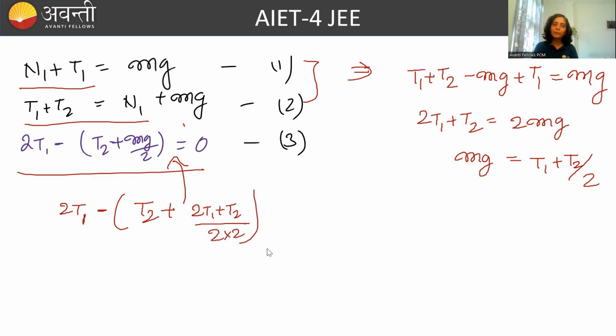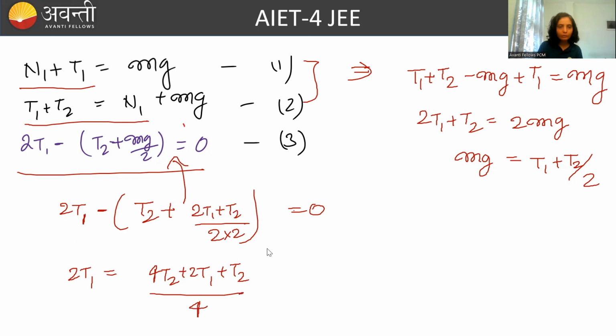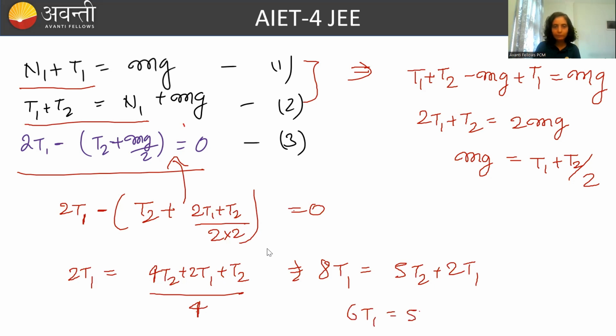So mg by 2 we write. Now this is equal to 0. So 2T1 is equal to 4T2 plus 2T1 plus T2 by 4. So this becomes 8T1 equal to 5T2 plus 2T1. 8T1 minus 2T1, 6T1 equal to 5T2.